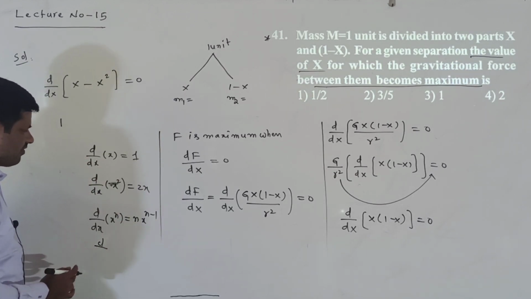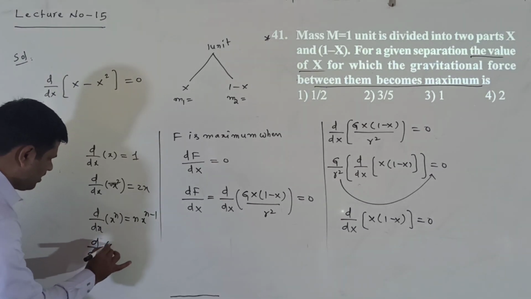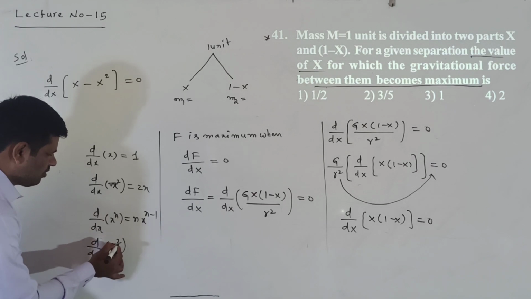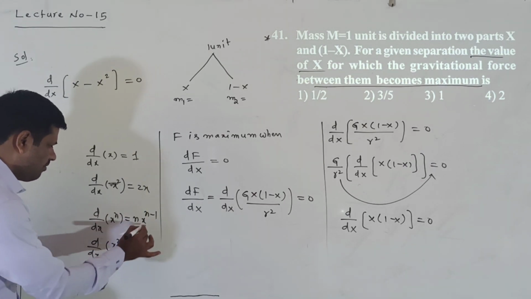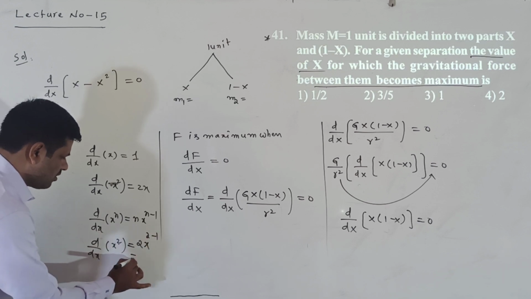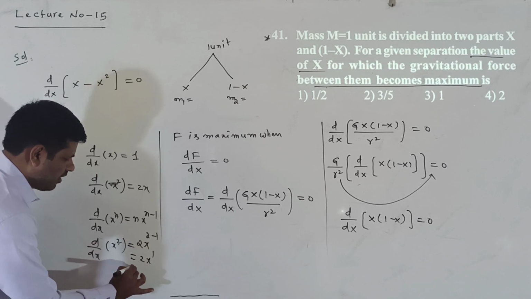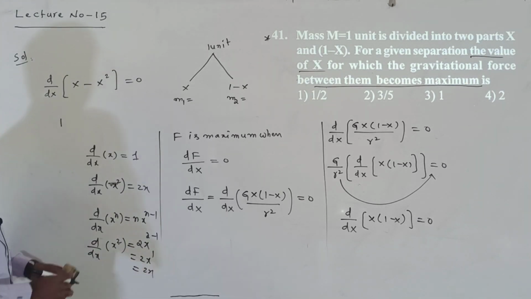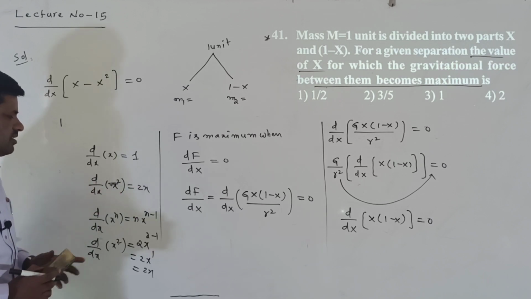First you can apply the formula for this one. d by dx of x square: in the place of n, 2 is there, so 2 into x to the power of 2 minus 1, which is 1, so we get 2x. So d by dx of x is equal to 1, d by dx of x square is equal to 2x.